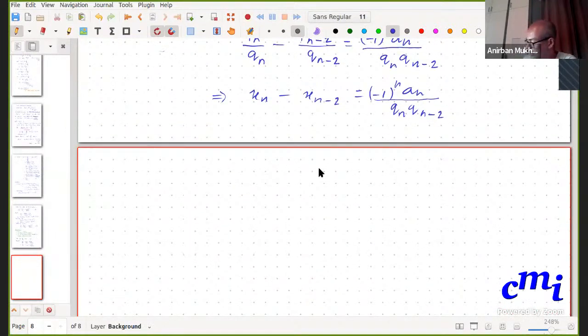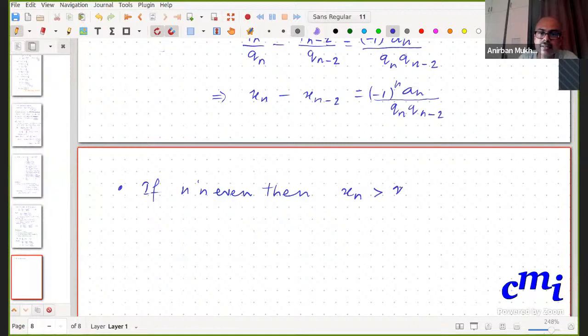So we can make this observation that if n is even, then the right hand side is positive. Therefore, xn is strictly greater than, so it's not zero as well. I'm assuming all these Ans to be positive, non-zero positive numbers. So xn is greater than xn minus 2.